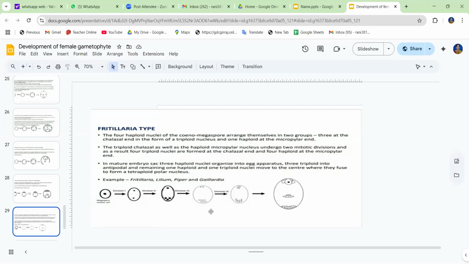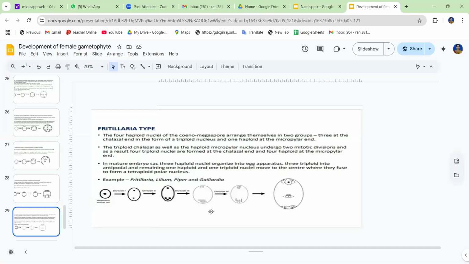So in this, the triploid chalazal as well as the haploid micropylar nucleus both undergo 2 mitotic divisions, and as a result, 4 triploid nuclei are formed at the chalazal end and 4 haploids at the micropylar end.